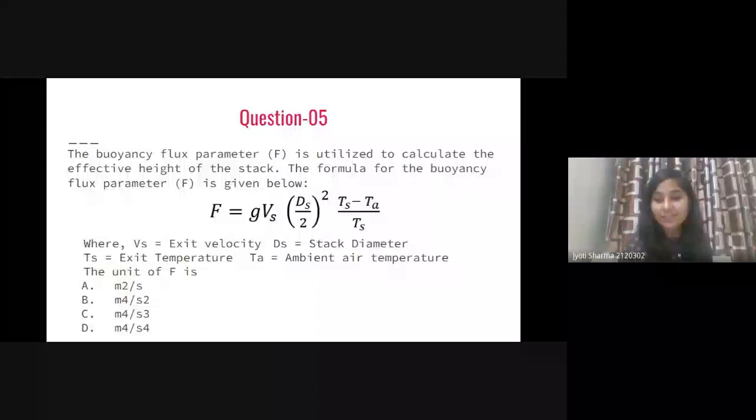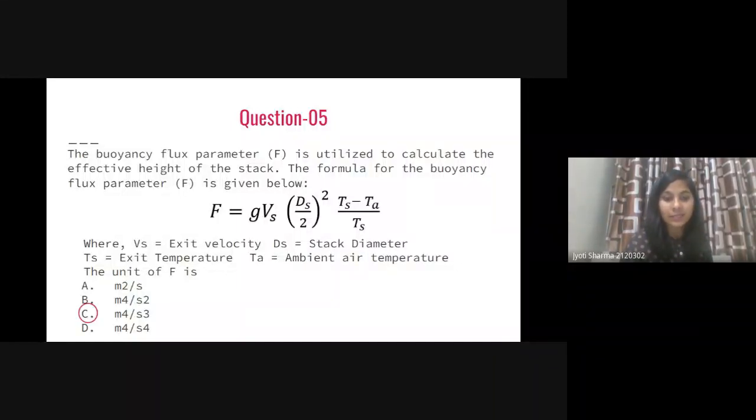Nishant gave me answer C. Neha gave me answer C. Jyoti also gave me answer C, and obviously the answer is C, that is meter raised to power 4 upon second raised to power 3.